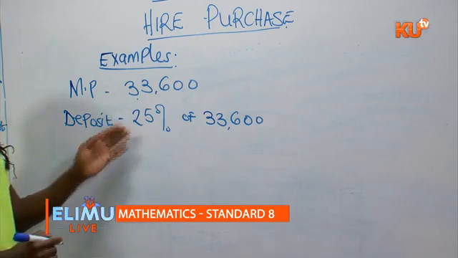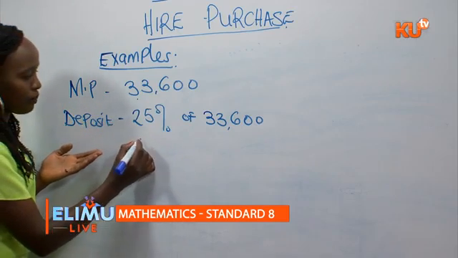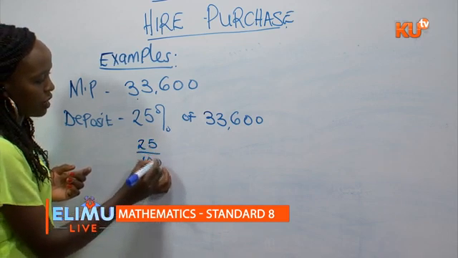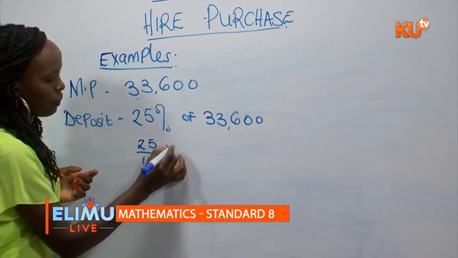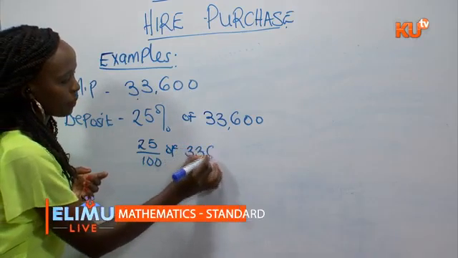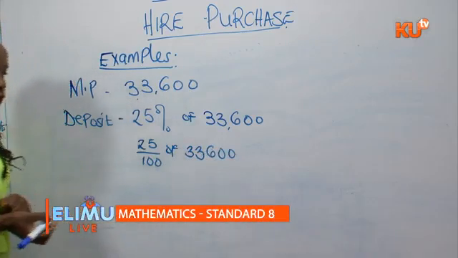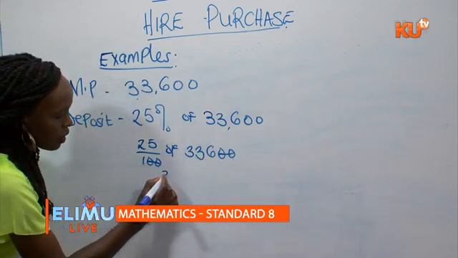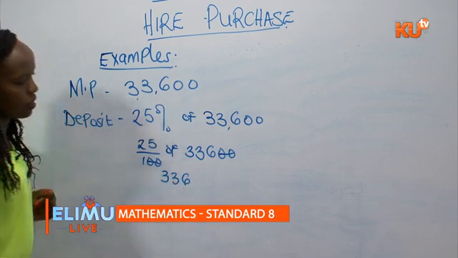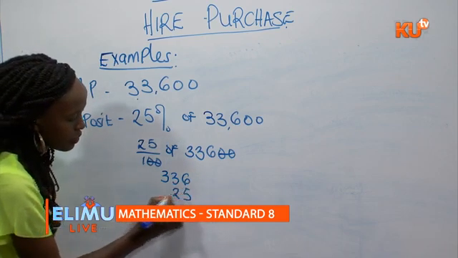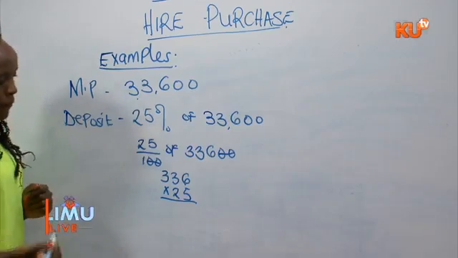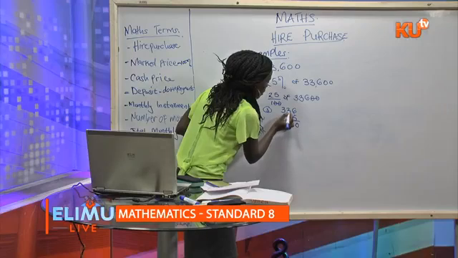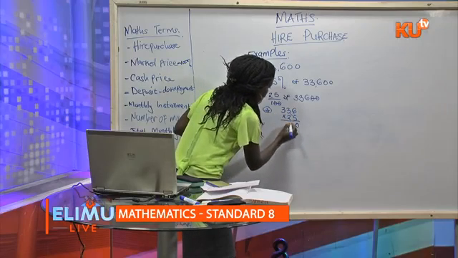We know how to calculate this, so we get the amount representing the deposit. It's going to be 25 over 100 of, which is the same as multiplication of 33,600. Then we simplify here. We take 336 times 25. We get 30, carry 3. This is 15 plus 3, we get 18.